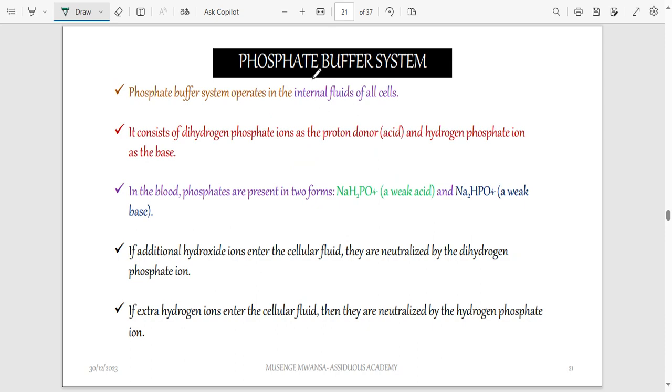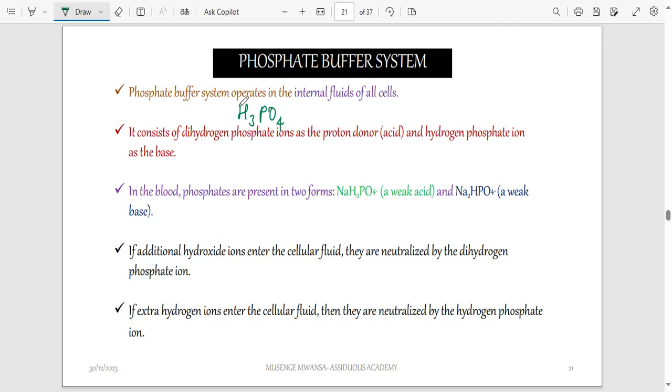And then we also have a phosphate buffer. Now for a phosphate buffer, please take note of how it is. I want you to understand this so that it can be easy. What you have is phosphoric acid. Phosphoric acid is like this, H3PO4.